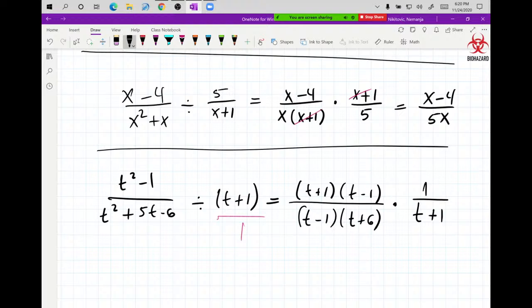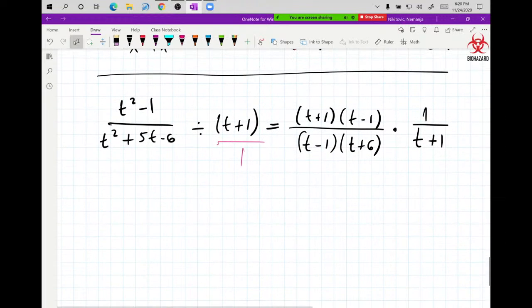Okay, so now what? You can cancel t plus 1. Nice.